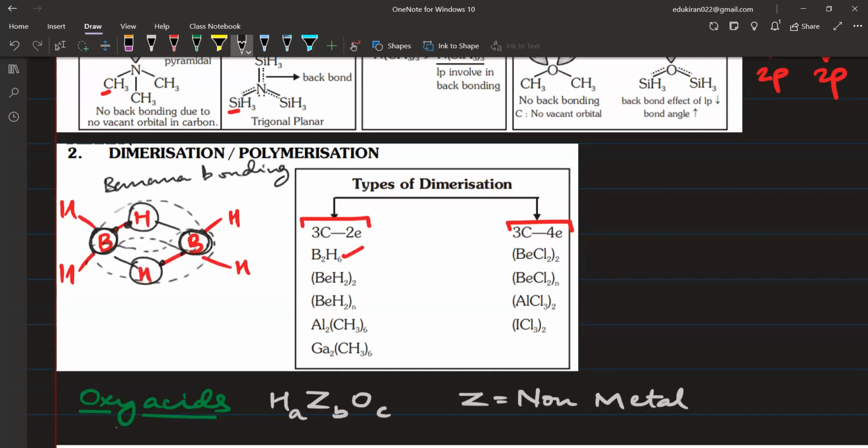Next, we have the case of 3-centered and 4 electron. When do you have this? When you have BeCl2. Now, when you have BeCl2, there will be two BeCl2. So you will have something like this.